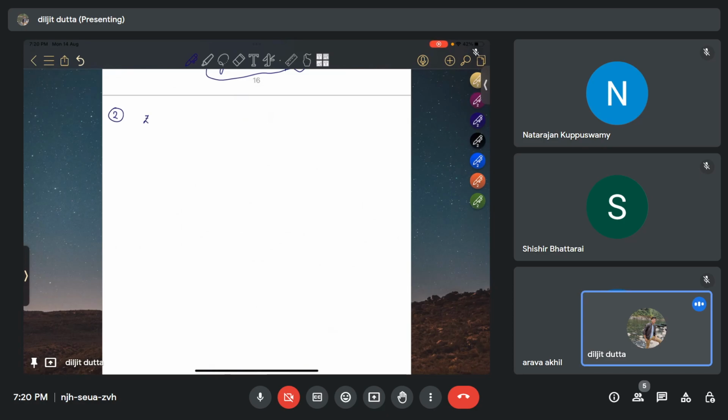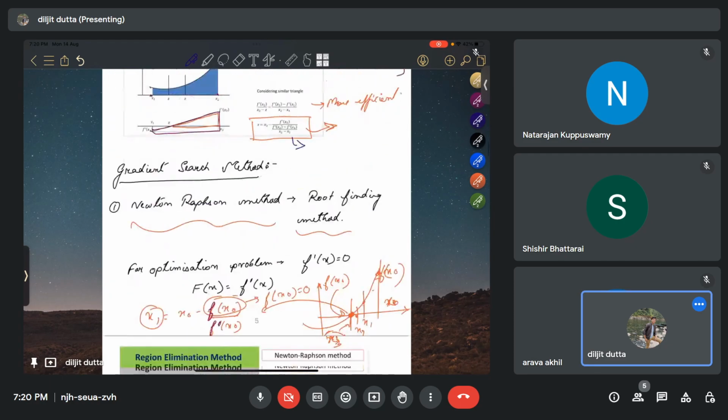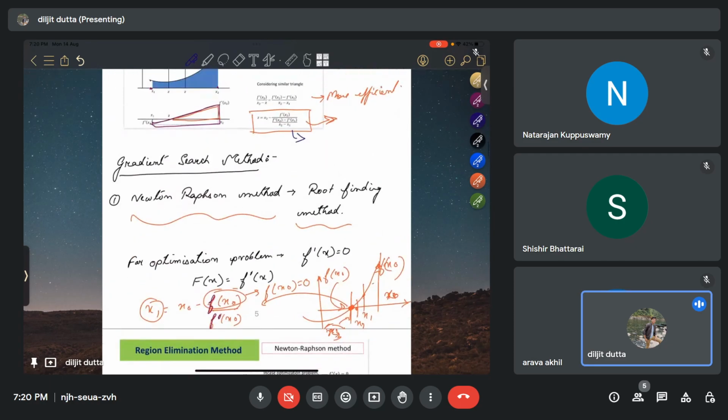The second method is where z is evaluated as z equal to x2 minus f dash x2 by f dash x2 minus f dash x1 by x2 minus x1.